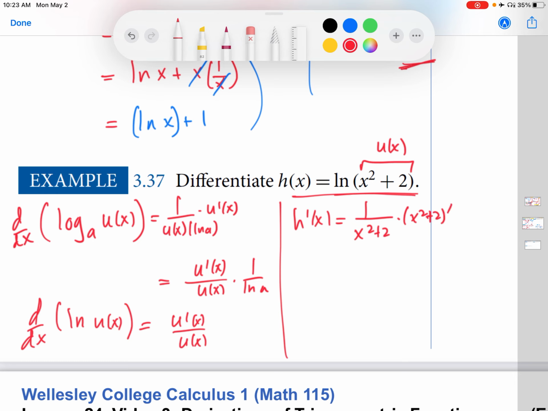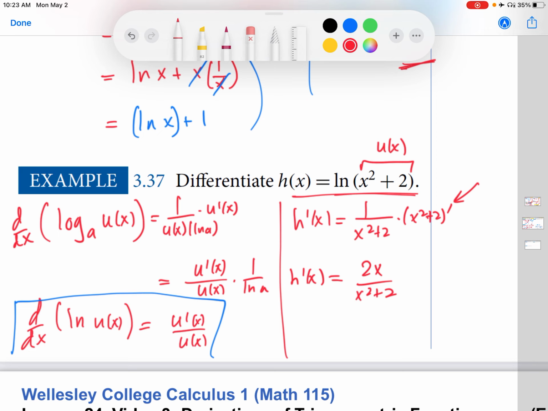And I don't need the 1 over ln of a because in this case we're differentiating the natural log, not the log base 10. Then continuing here, the derivative of x squared plus 2 is just 2x, divided by x squared plus 2. So that is h prime of x.